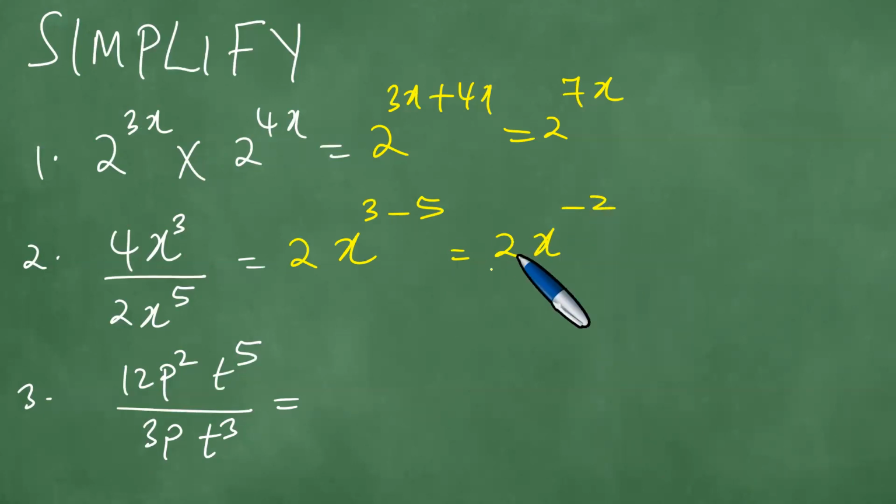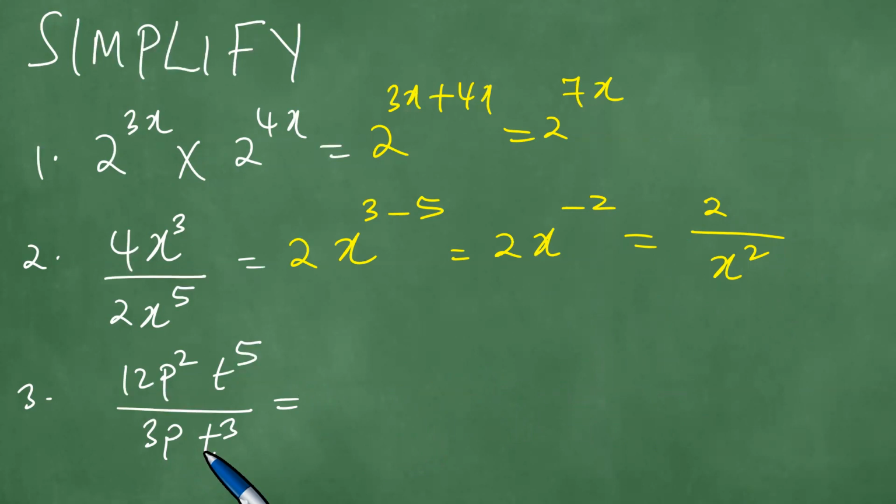And then what do you do when you get a negative power? What do you do? You multiply the 2. Okay, that's fine. We take it to the bottom because we want the exponents to stay positive most of the time. Okay, what do you do in number 3? What do you do first? First things first. Number 3, Leander.